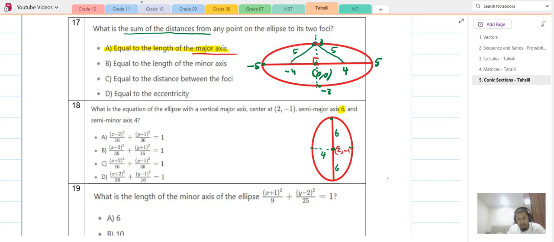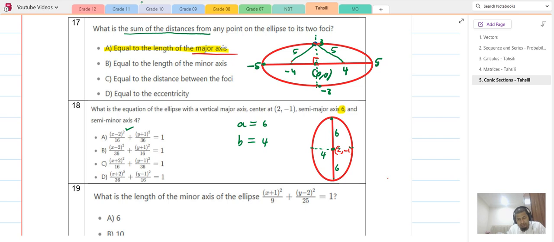The value of a is 6 and the value of b is 4. So what will the equation be? If a is 6, b is 4, remember the center is 2 and minus 1, so we're looking at x minus 2, right?